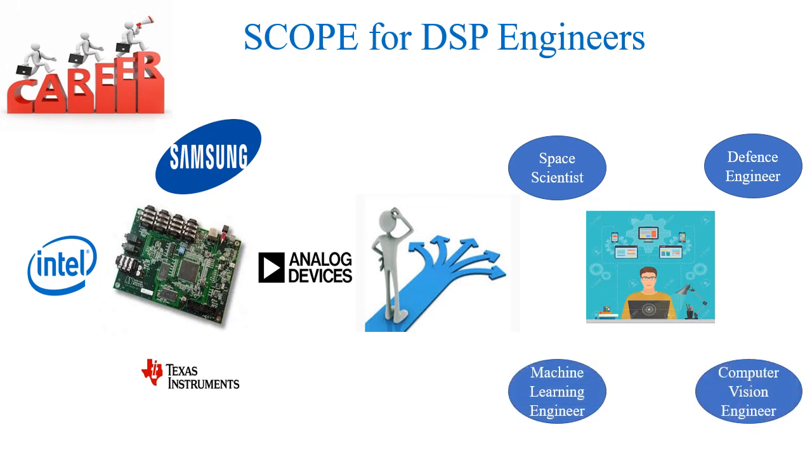You can even become a machine learning engineer or computer vision engineer. All you need is to be very confident in your coding area, and most of these organizations expect you to be well versed in C, C++ and MATLAB.